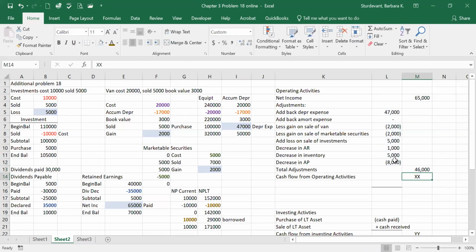So I added up my adjustments. And now I'm gonna add my net income and my adjustments. And we've got to hurry because we're not gonna get through this, and that's not good. All right. Let's go down to investing activities.